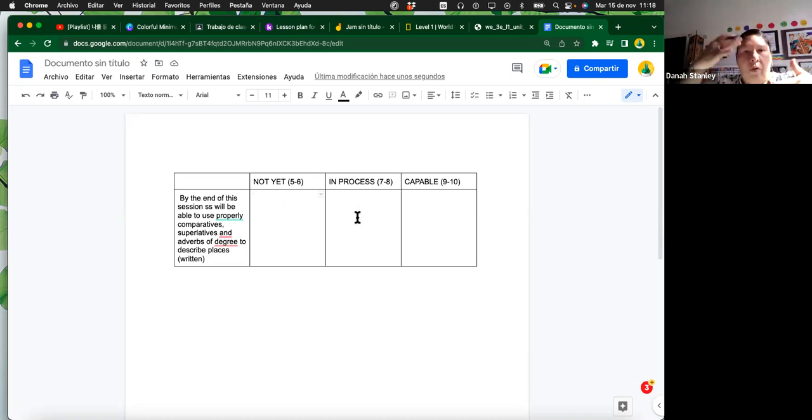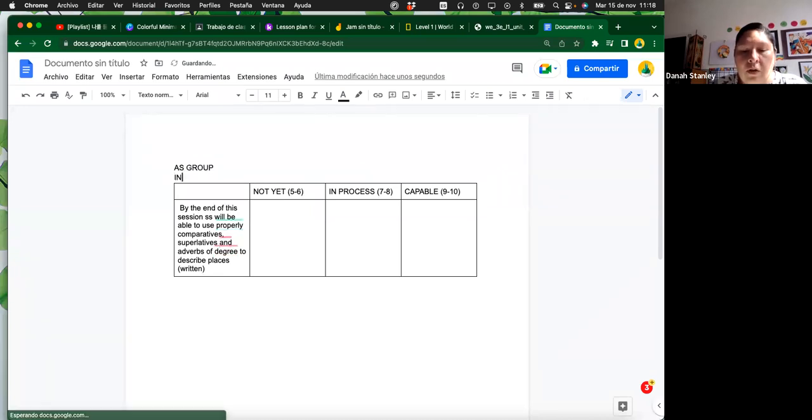If they are in the process, todavía they are still struggling, but they can. I'm capable, ya me puedo ir a otro tema. So in general, I can do it like this, and I can do it as group or individual. Y ya tengo formative y tengo summative.